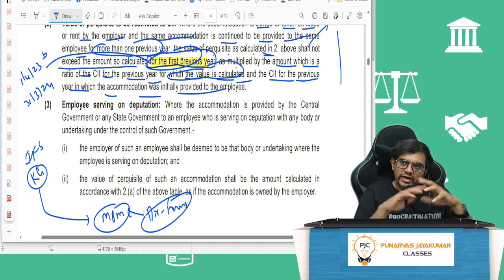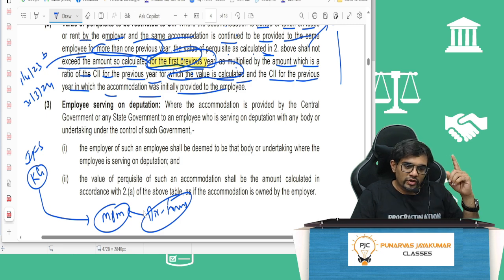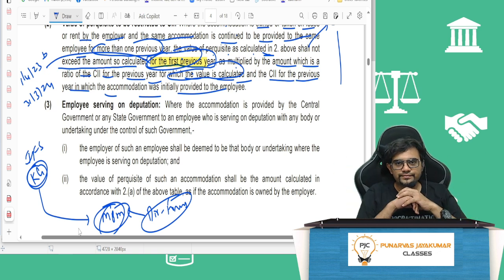I remember we also got accommodation at that time. So in that case, what will be the perquisite? Is the employer the Karnataka Forest Department, the Karnataka government, or is the employer Mysore Paper Mills Limited, which is a separate company? What to do?